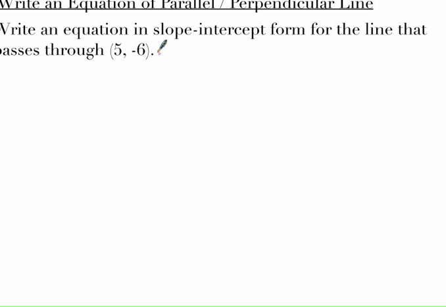So we're going to write an equation that passes through this point, and let me get an equation for us. We're going to use y equals -3/2 x plus 7. First I'm going to start by writing an equation that is parallel to this and passes through the point (5, -6).